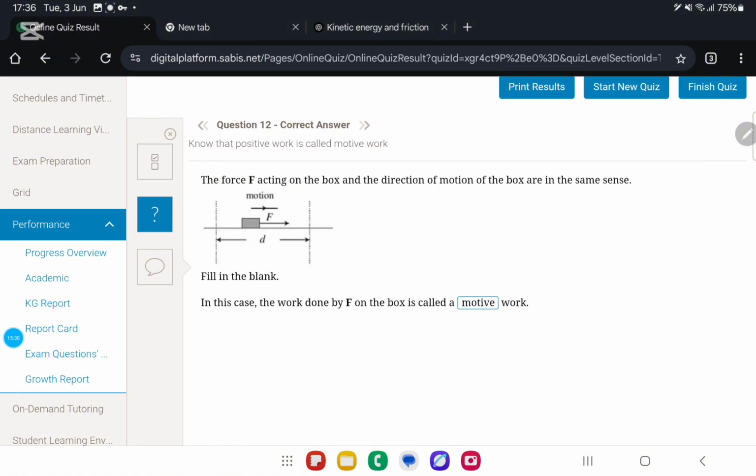Now for the question, here we have another example. The force F acting on the box and the direction of motion of the box are in the same sense. As you can see here, the force and the direction of motion are in the same direction. In this case, the work done by F on the box is called the motive work. Like I said, when force and the direction of motion are in the same direction, it's motive, positive.